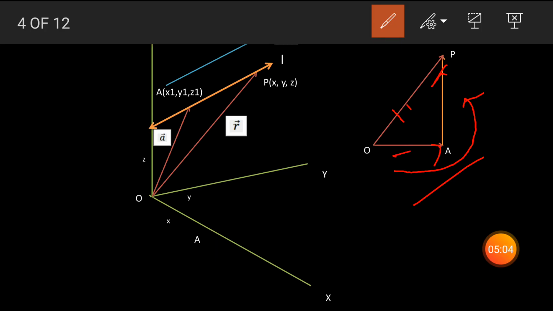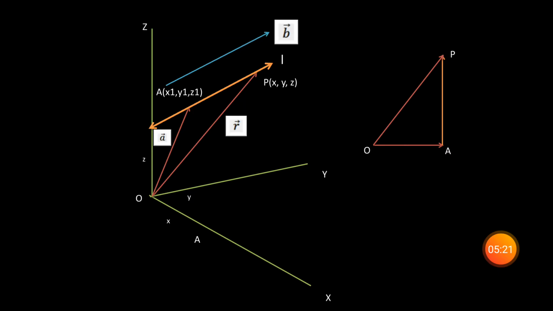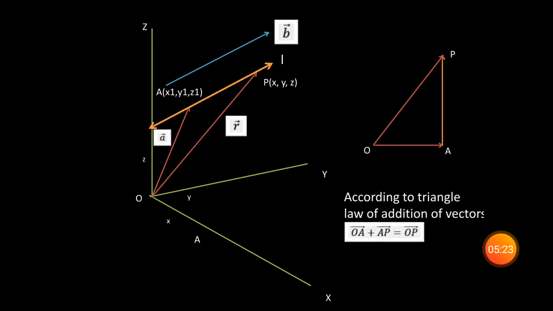As these two vectors are going in this way, this vector goes in this direction. So if they are arranged, this vector is going to represent their addition, like OA plus AP. Both are vectors. So this is according to the law of the triangle. So according to the triangle law of addition of vectors, we can write OA plus AP is OP. So we are going to use this equation.